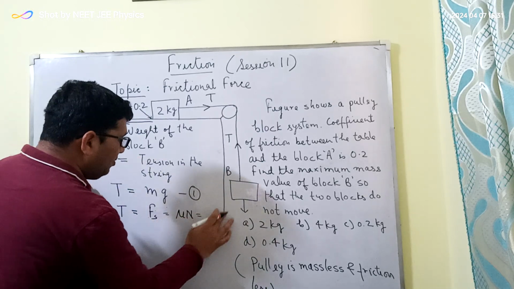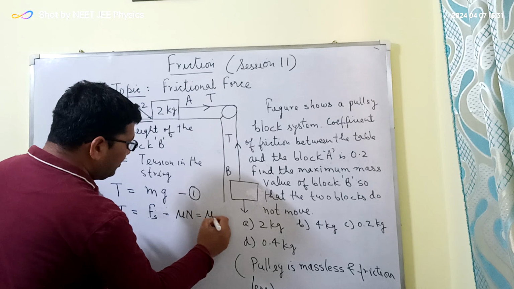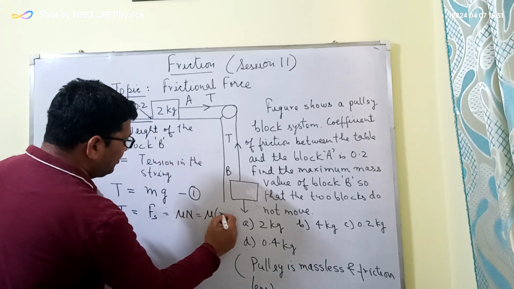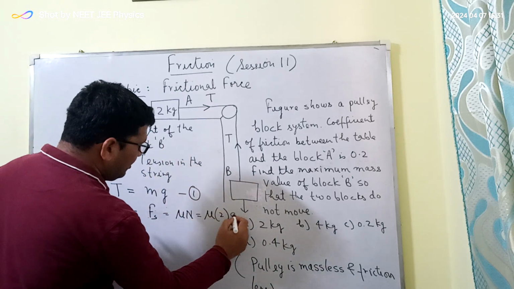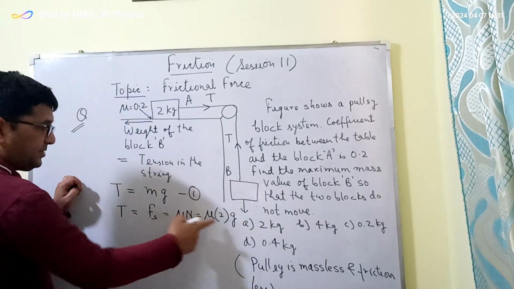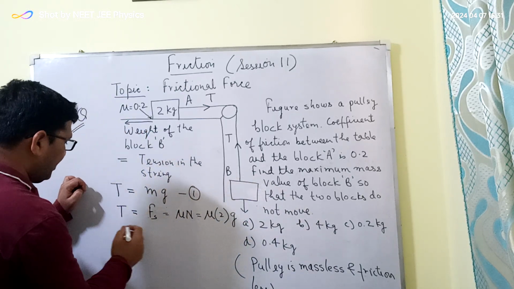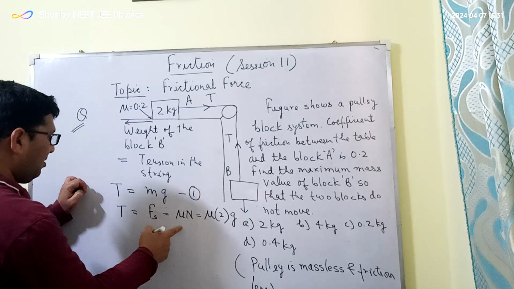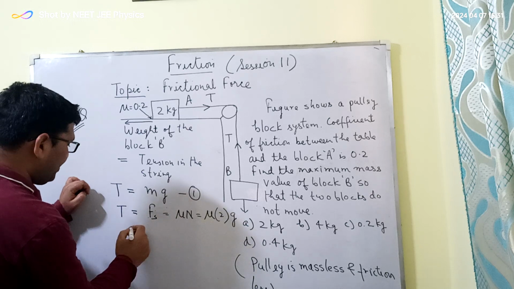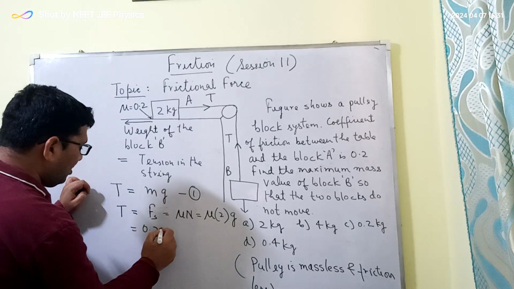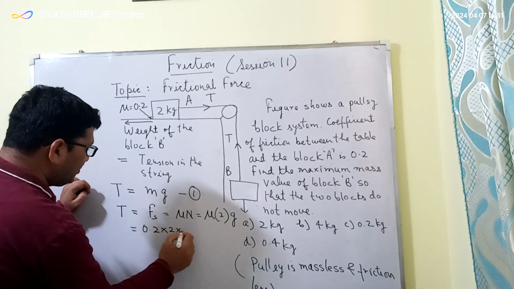So this will be equal to mu into the mass of this block, which is 2, into g, where g is the acceleration due to gravity. The value of mu is equal to 0.2. This will come to 0.2 into 2 into g.